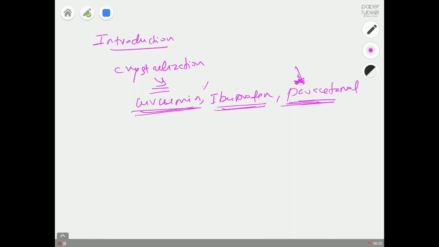So try to write an introduction about crystallization. It's a purification technique: why they use it, where they use it, which type of industries like to use crystallization, what are the compounds that you can crystallize. Put some references here and there, and don't write a 10-page or 20-page report and at the end just list the references.